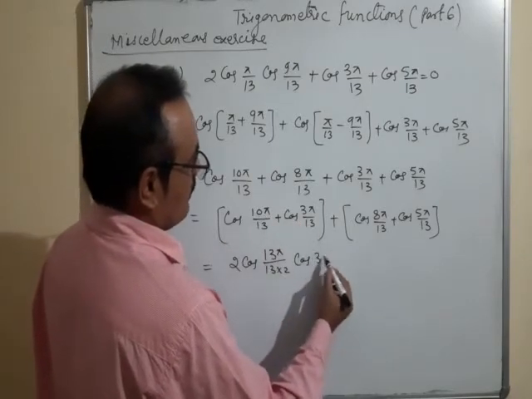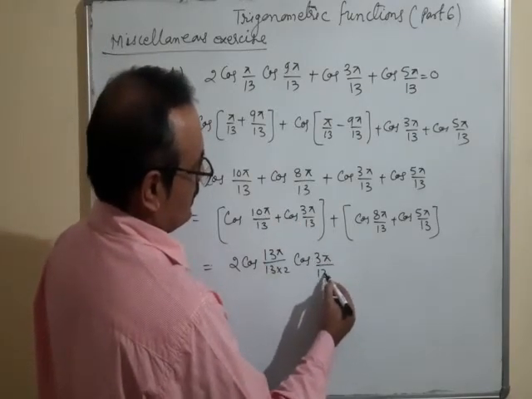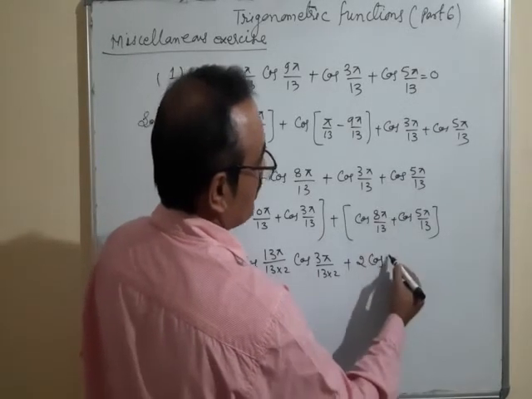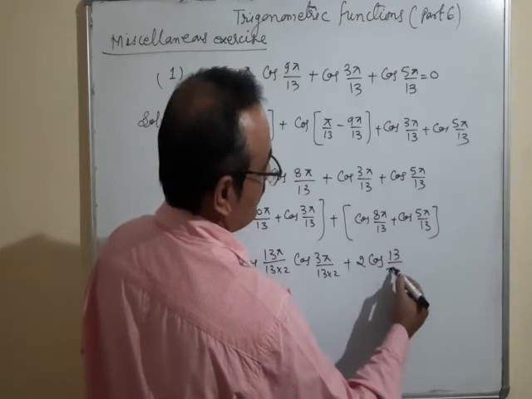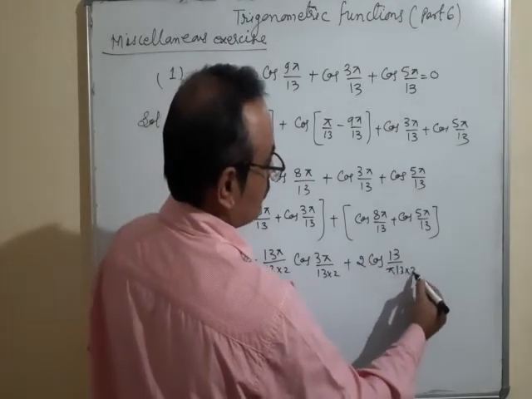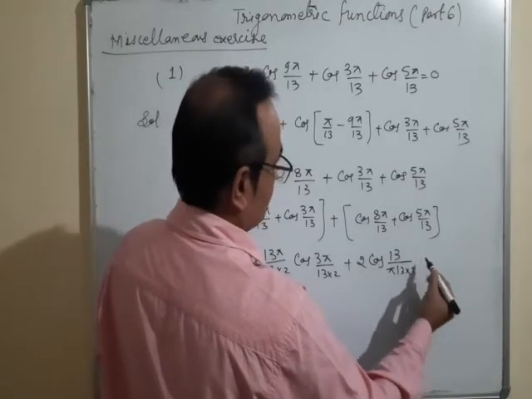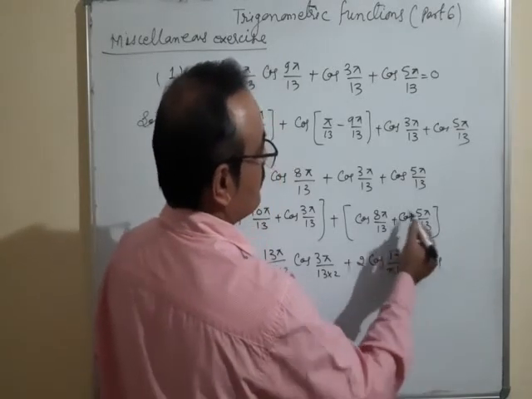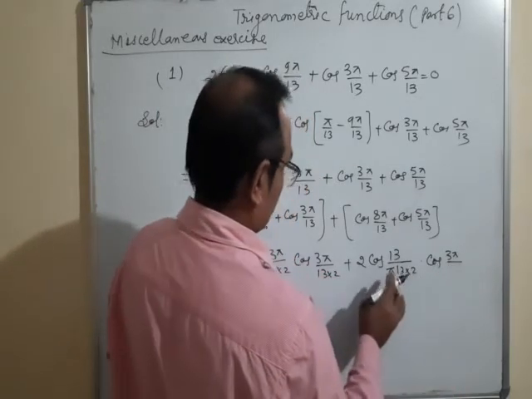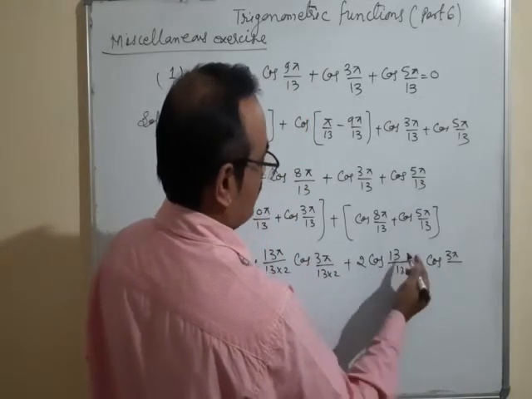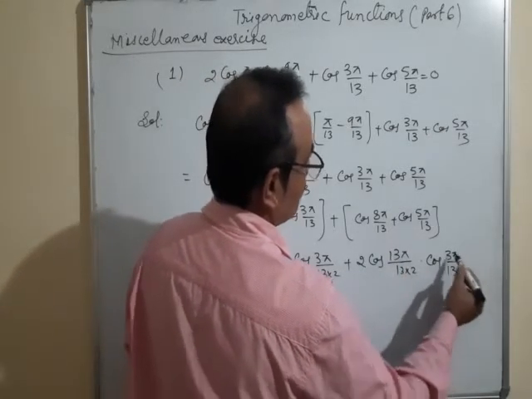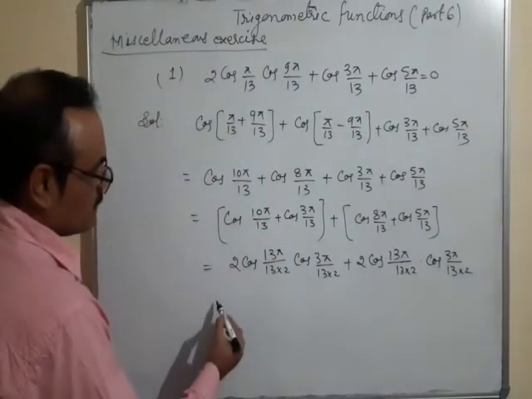So it is 2 cos 13 pi by 13 into 2, into cos of C minus D by 2, that is 3 pi by 13 by 2. The minus sign again becomes positive.